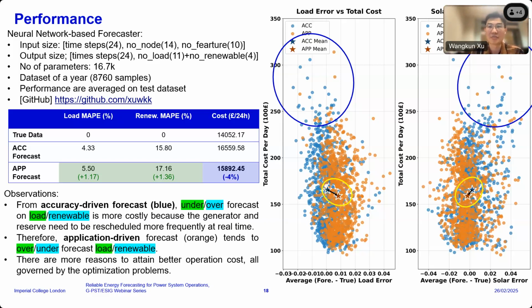I think a system operator may not actually use the exact algorithms that I propose, but they can take over some insight about over forecast and under forecast. And the most simple thing to try is to associate a larger weight to, for example, an under forecast load, then it can give you some benefit when you actually deploy the forecaster.